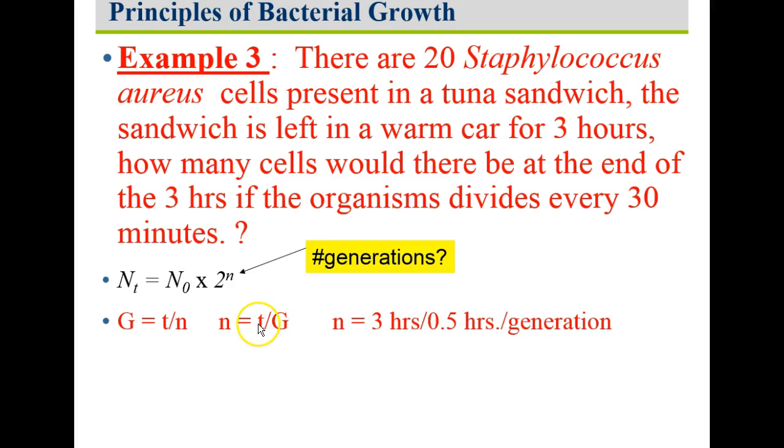We have time of incubation as 3 hours. We have generation time as 30 minutes per generation, or 0.5 hours per generation. 3 hours, incubation time, over 0.5 hours per generation, generation time.